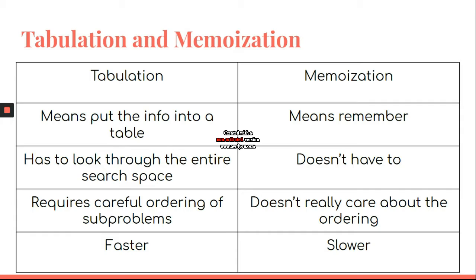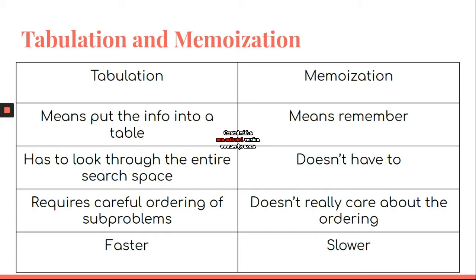So let's take a look at these two approaches to dynamic programming: tabulation and memoization. Tabulation means you put any sort of information into a table. And memoization means to remember, to use memory to remember something. Tabulation has to look through the entire search space and requires careful ordering of subproblems, where memoization doesn't have to do this as much.